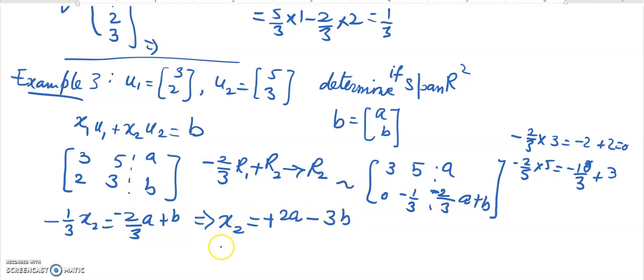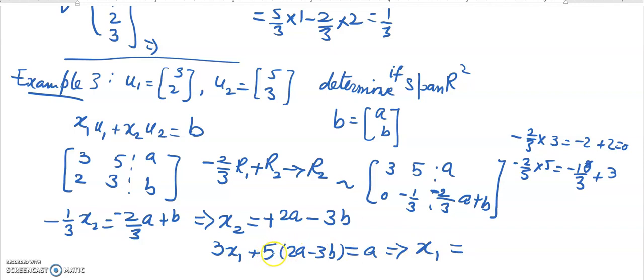And also now we can see what the value of x1 will be. From the first equation, 3x1 plus 5x2, where x2 is now 2a minus 3b, is equal to a. So from here we can find the value of x1 also in terms of a and b.